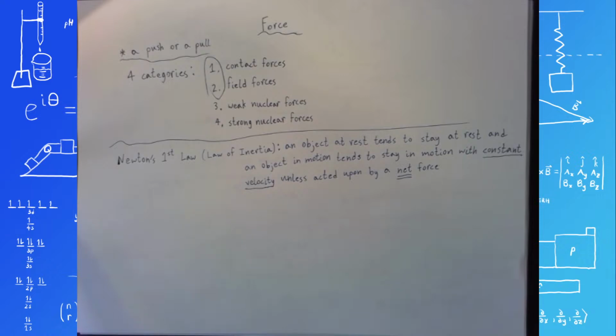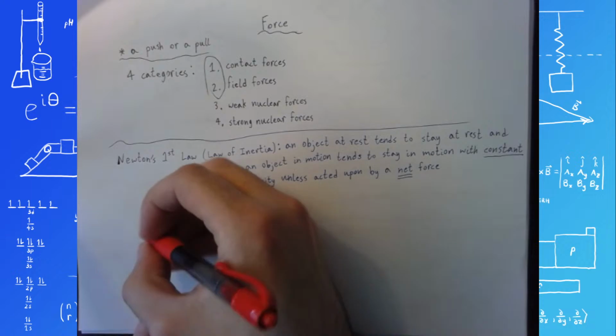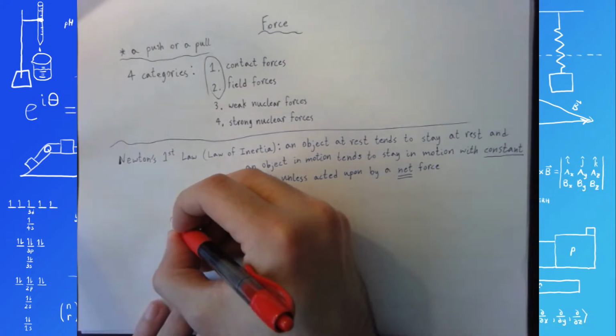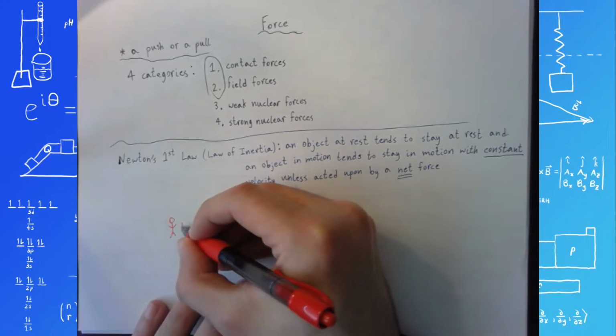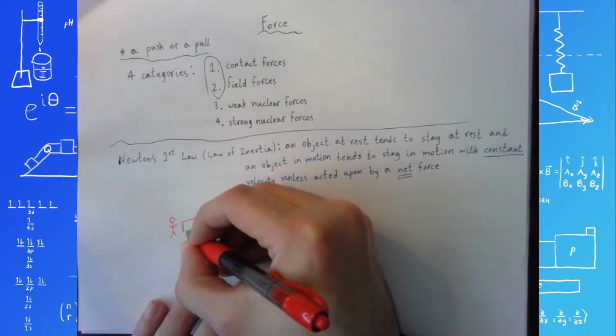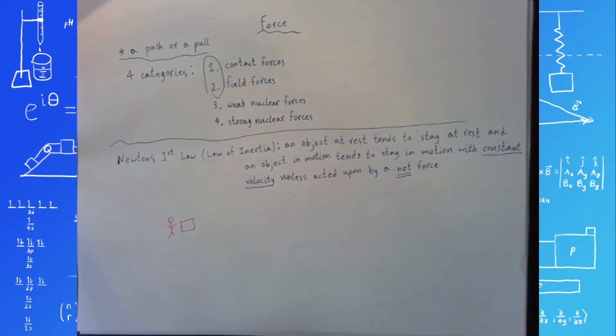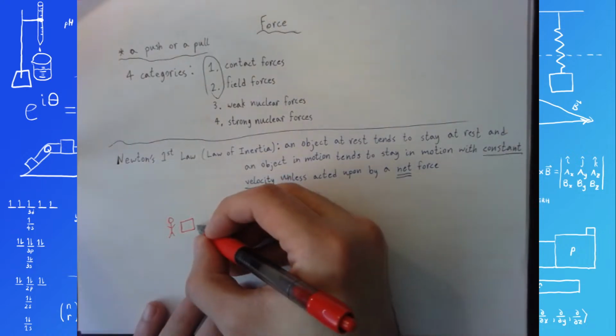Let's suppose we are far out in outer space. Let's suppose I'm far out in outer space. I'm not going to draw an astronaut suit, but let's say I have a box and I'm floating in outer space and I kick the box. I give the box a quick little kick, and then I let it go.